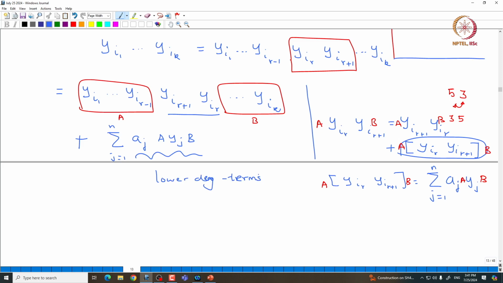Okay. So, by induction on the length of the word, lower degree means lower length also, whatever the degree means.